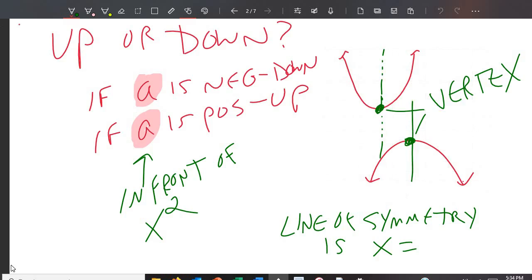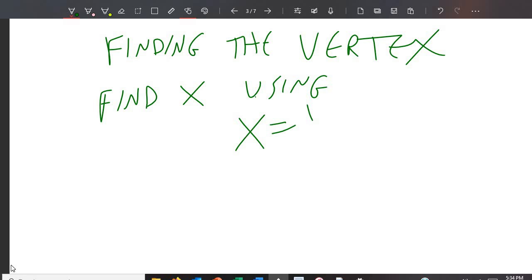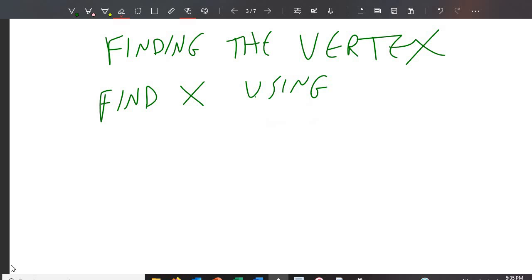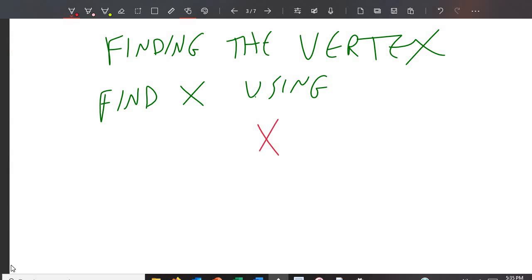So here's how we find the vertex. You're going to find x using a little formula. X equals -b over 2a.